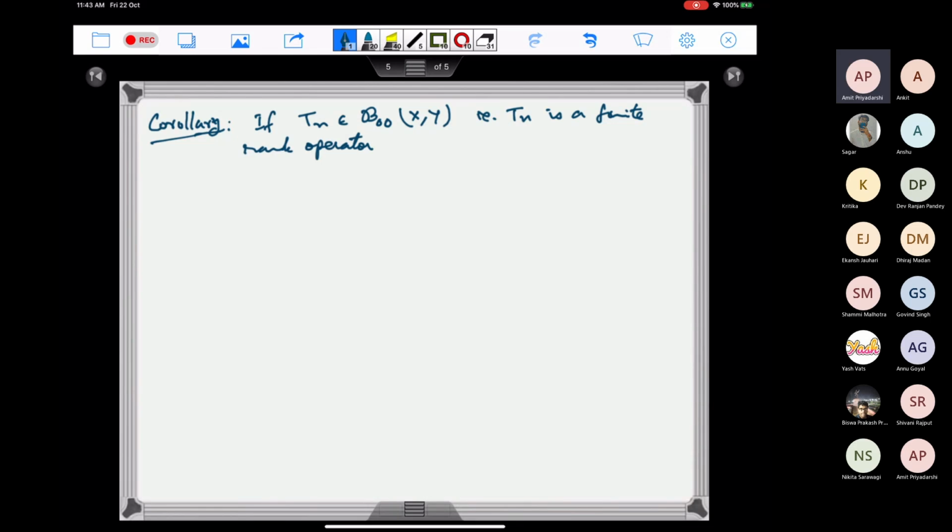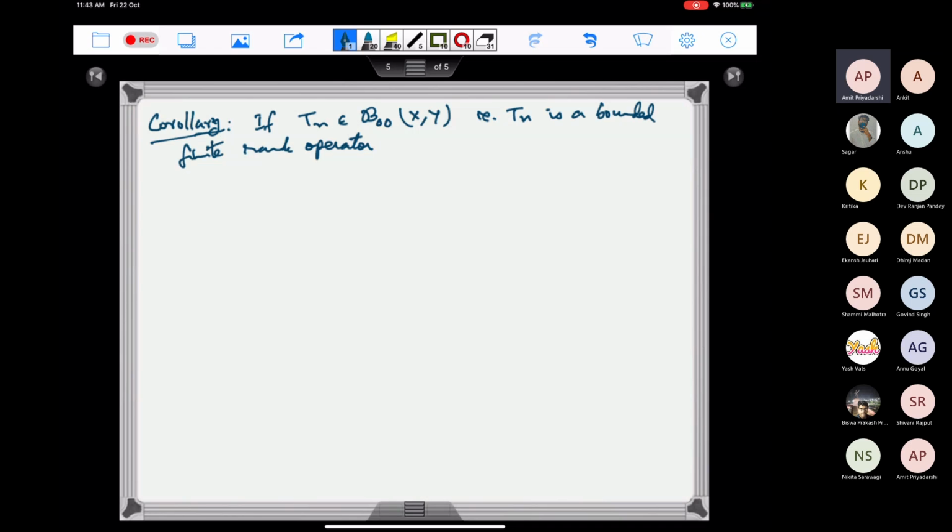In fact, this notation is for bounded finite rank operators, so maybe I should write that, because some people define a finite rank operator as just that the range space is finite dimensional.